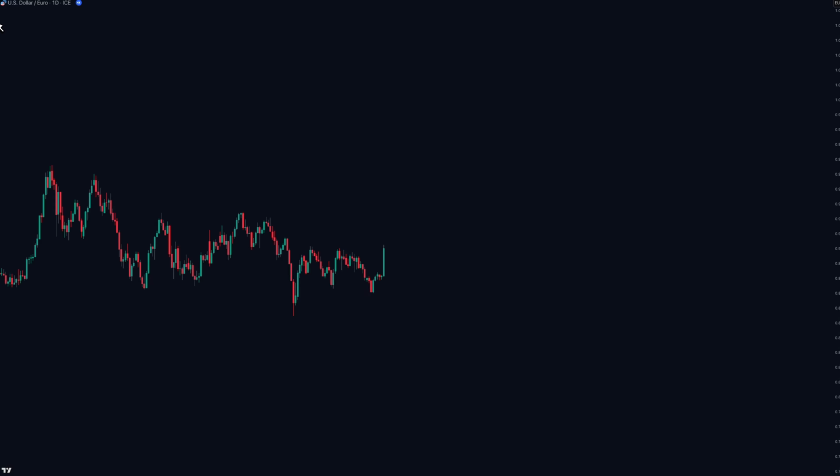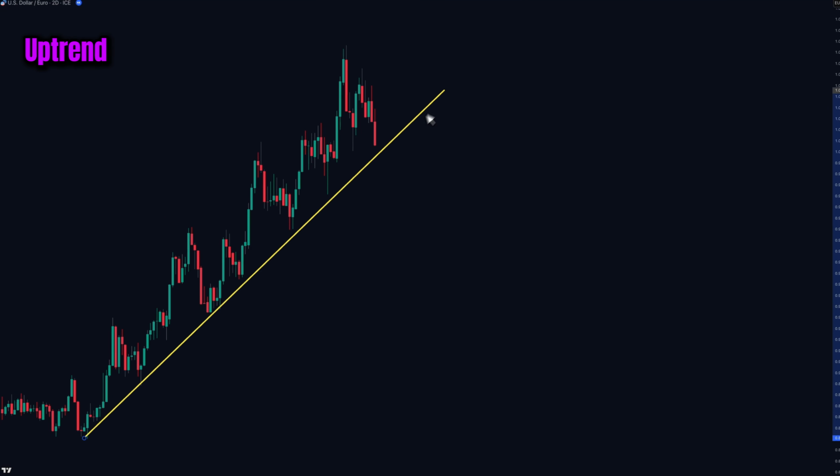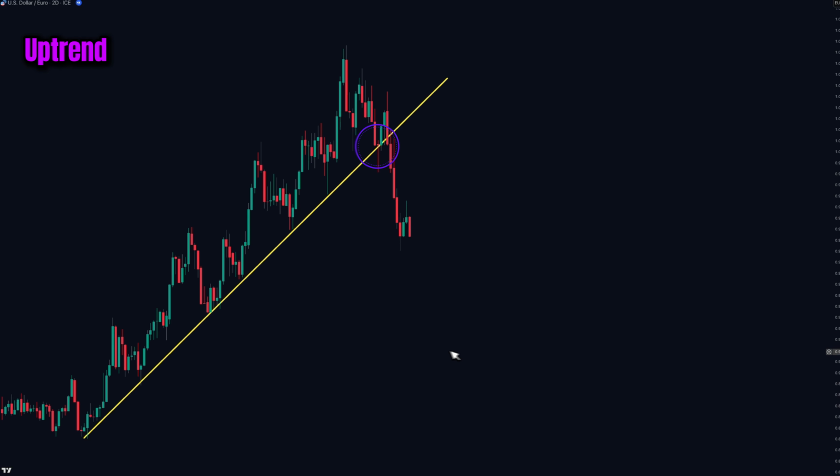Second, we use trend lines to spot possible trend reversals. In a downtrend, the trend line sits above the price. If price breaks above that line, it could be the first sign of a shift to an uptrend. In an uptrend, the trend line is below the price. If price breaks below the line, it might mean the uptrend is ending, and a downtrend could begin.